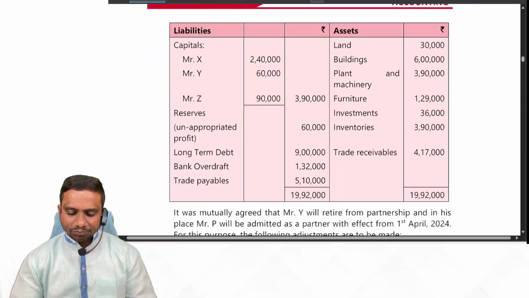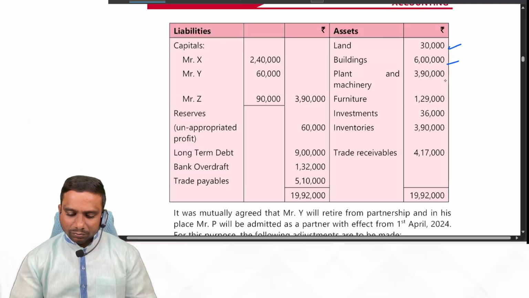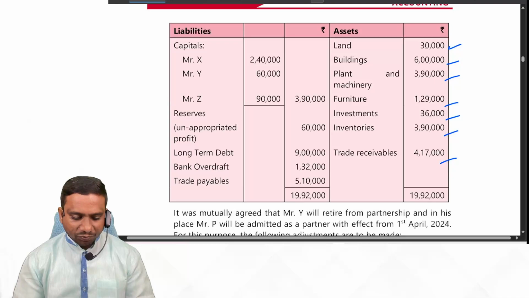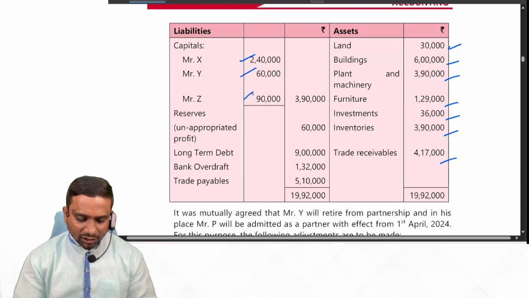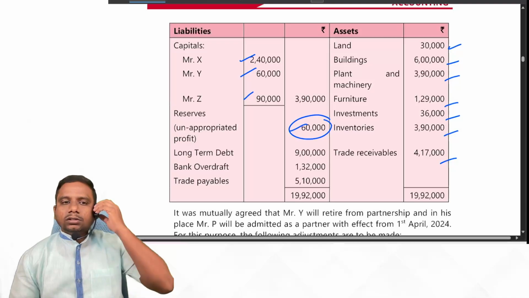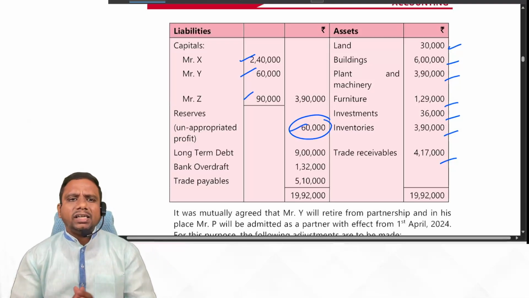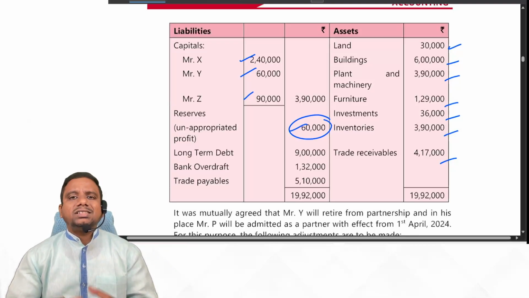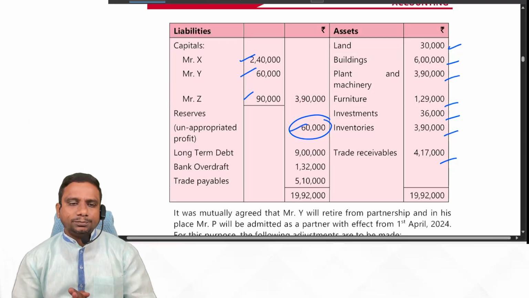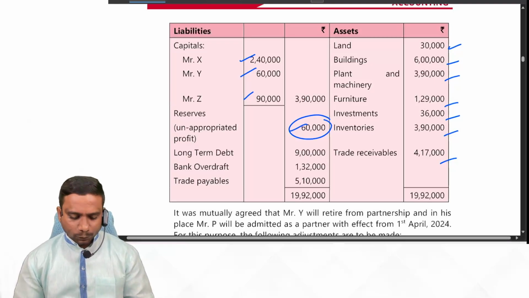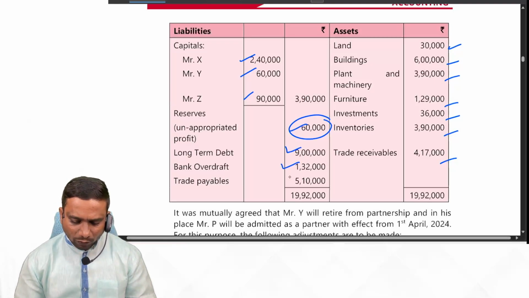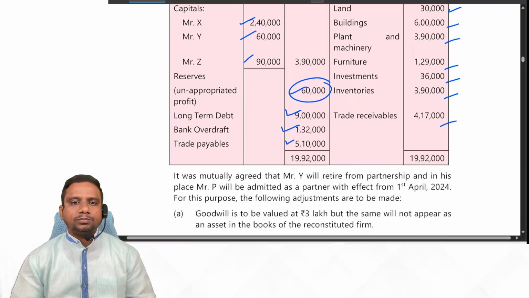This is the balance sheet: land, building, plant and machinery, furniture, investments, inventories, trade receivables. Capital of X, Y, Z, reserves 60,000. Regarding reserves, if you don't get any information, these reserves are distributed to the old partners in their old profit sharing ratio. And long term debt, bank overdraft, trade payables. Fine. This is our balance sheet.